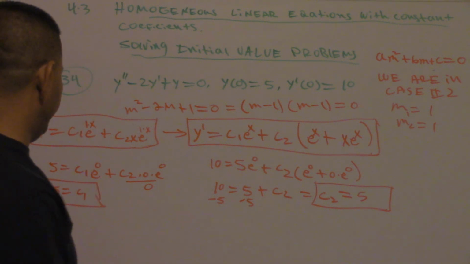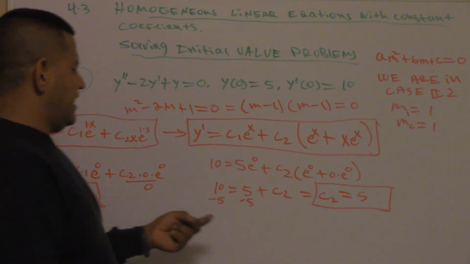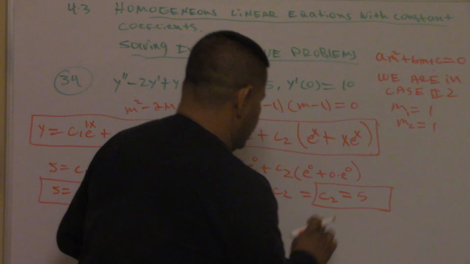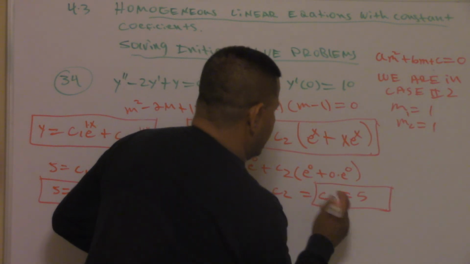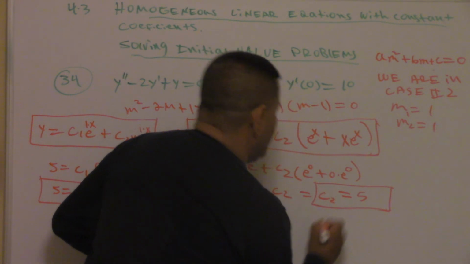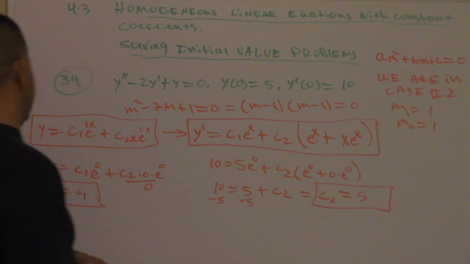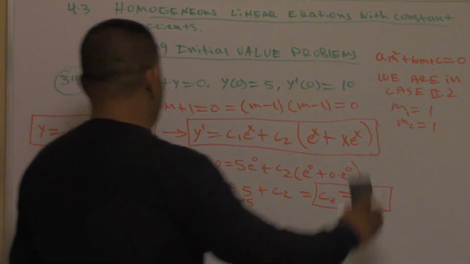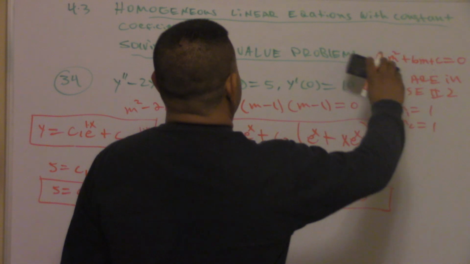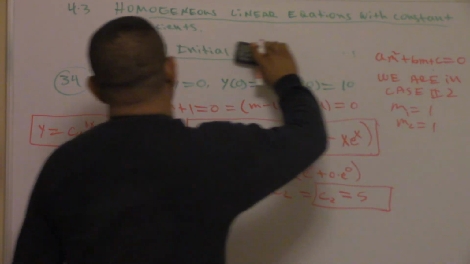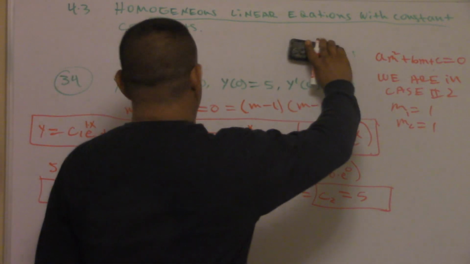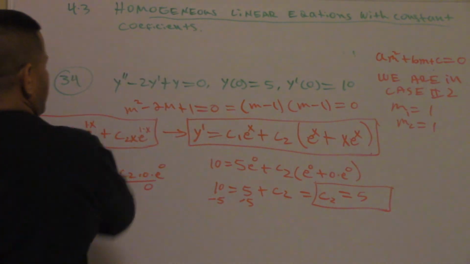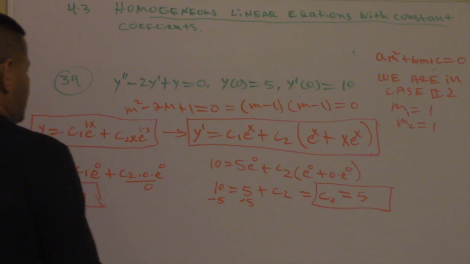Now that I have this, I can go ahead and plug these values into this, because this is the complementary solution. So what I'm going to do is rewrite this. Let me erase this so I can have the answer right there.